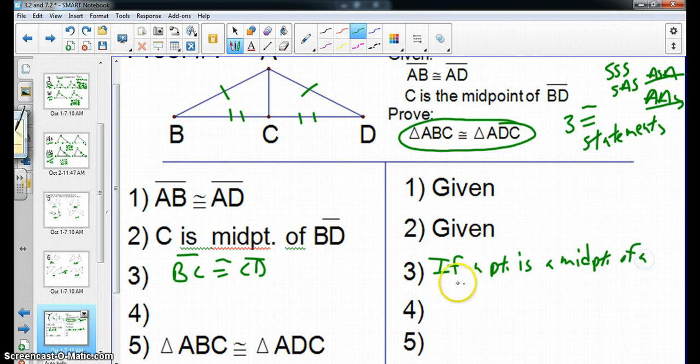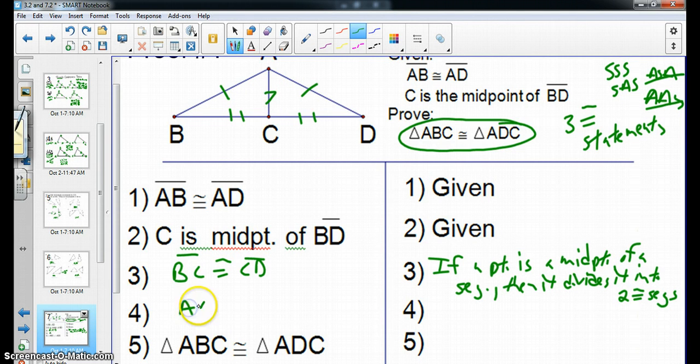if a point is a midpoint of a segment, then it divides it into two congruent segments. Now we're looking for either another angle or a side. Well, we do not know any more given information. The only thing that we can do is knowing that AC is shared by both triangles.